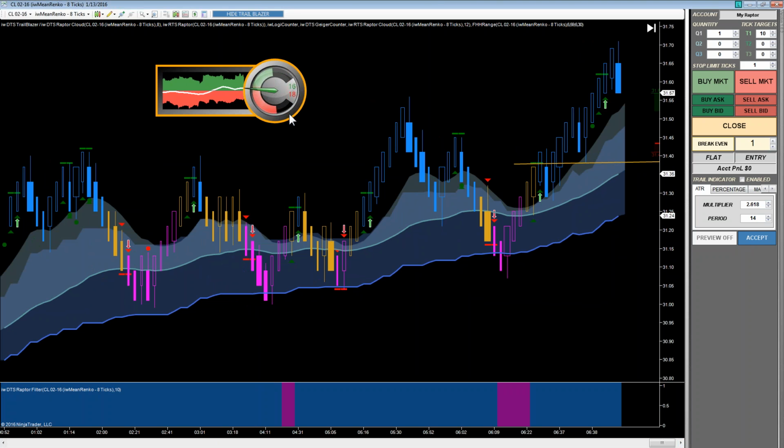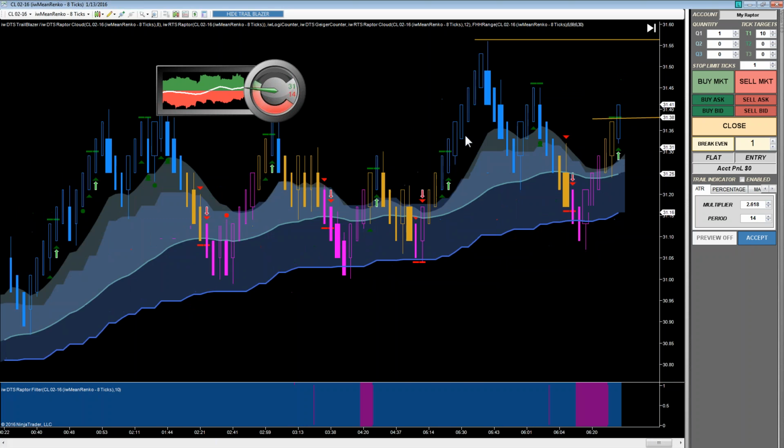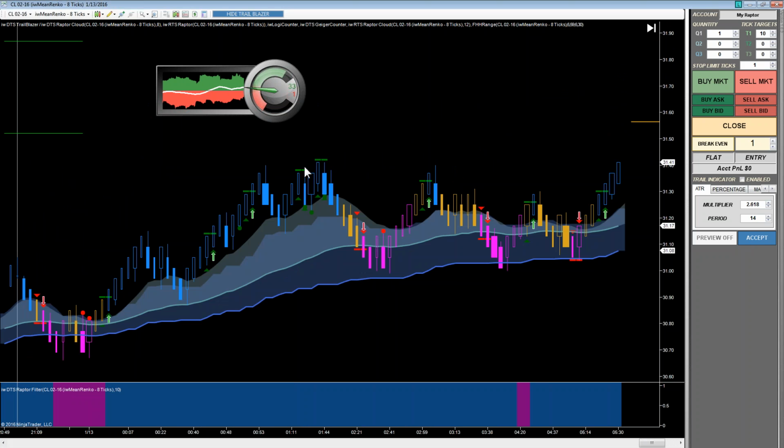That was how the Geiger counter originated. Let's say we're in this trade and we've collected a little bit of profit. I can look to the Geiger counter and see how the market is responding, because we've broken this resistance level right here. We don't expect the sellers to just disappear. After all, they've knocked the market down here and here and here and here.